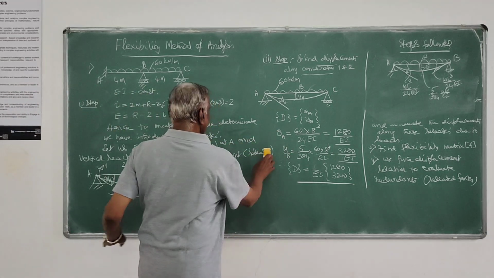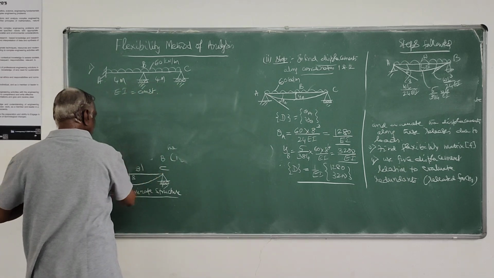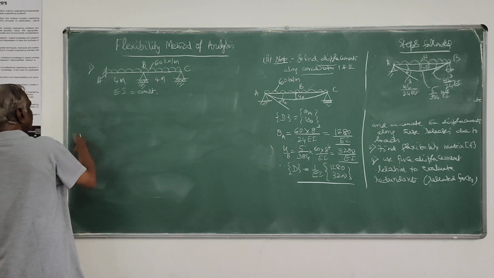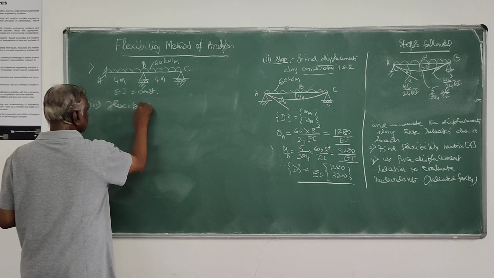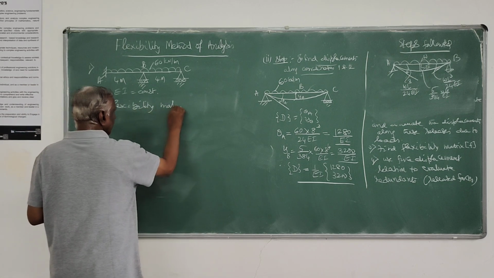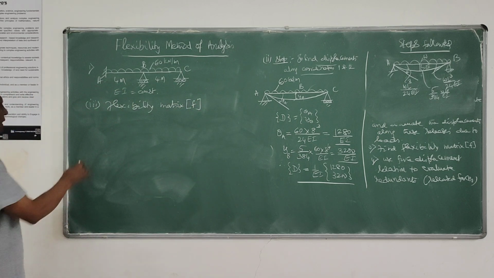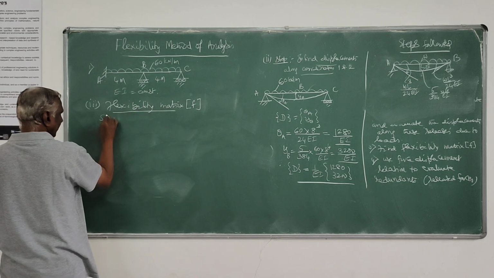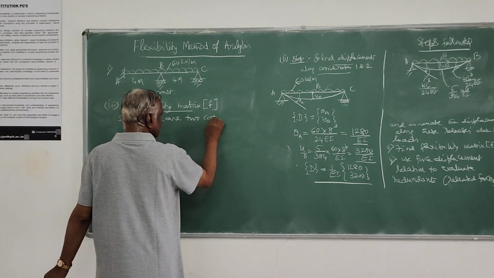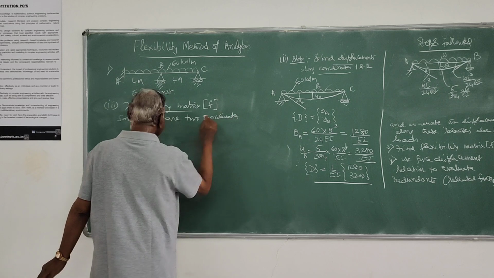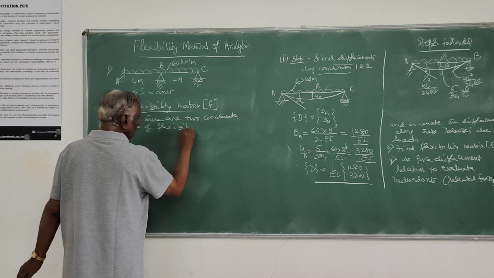Then next, third step, find the flexibility matrix. This is another important step which you have to follow. So that is the third step, the flexibility matrix. Since there are two redundants, or two coordinates, the flexibility matrix is 2 by 2.